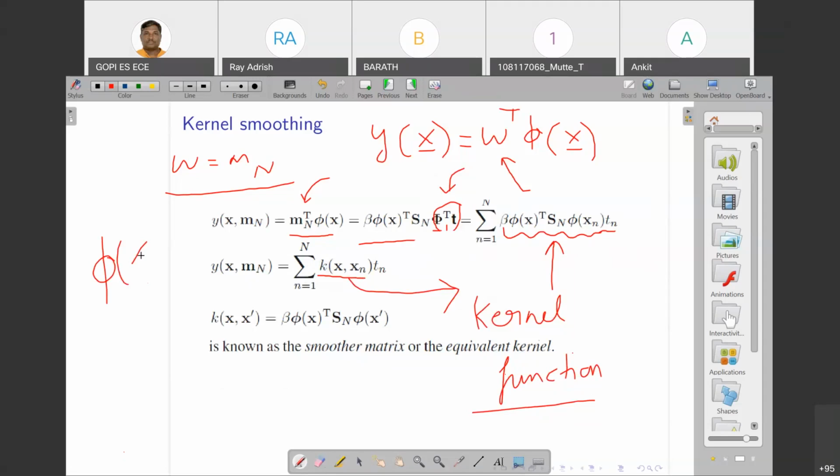But now you are getting the linear regression model, which is given like this: y of x is equal to sigma n equal to 1 to N, over the training data, k of x comma xn into tn. tn is a scalar and k of x comma xn is the kernel function.